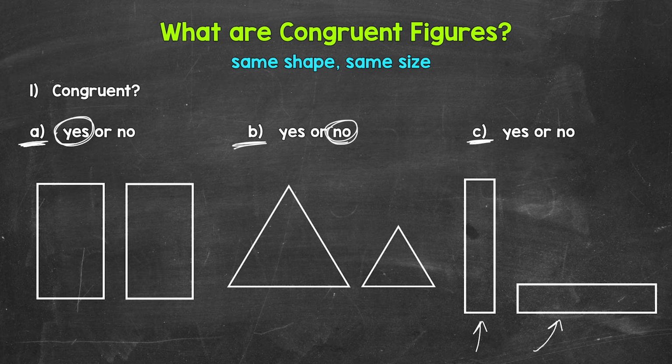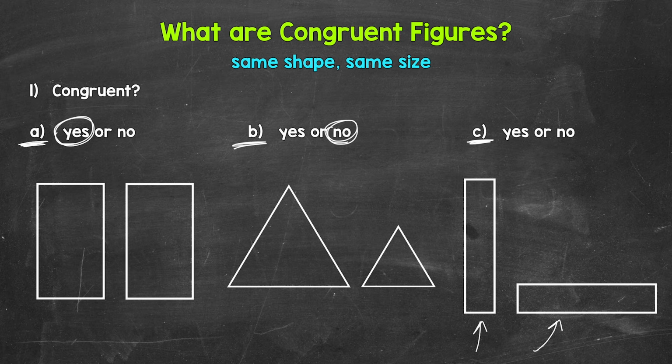No, they wouldn't. But what if both rectangles were turned the same way? Would they line up perfectly then? Because all that matters here is if they are the same shape and same size. The orientation of the figures, so how they are positioned, doesn't impact if the figures are congruent.